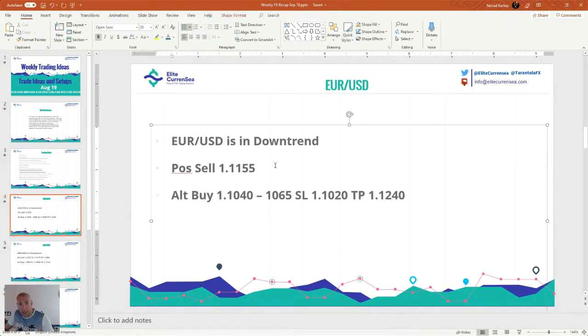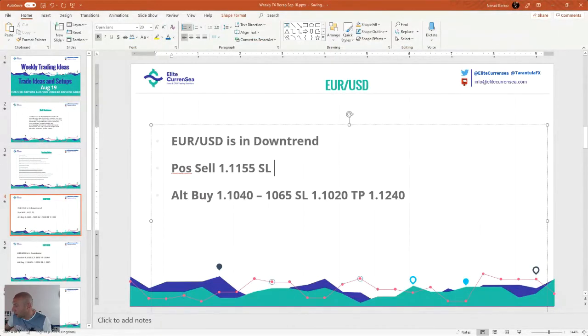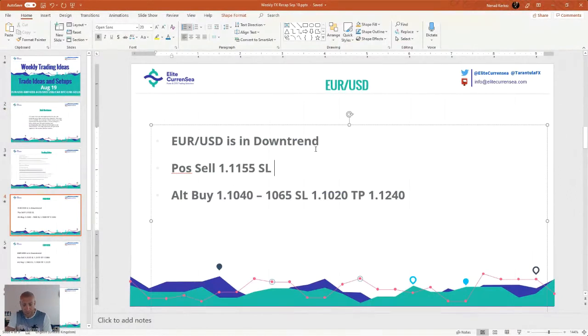So 1155. Stop loss for this one would be 1190. Yep, it seems like 1195.